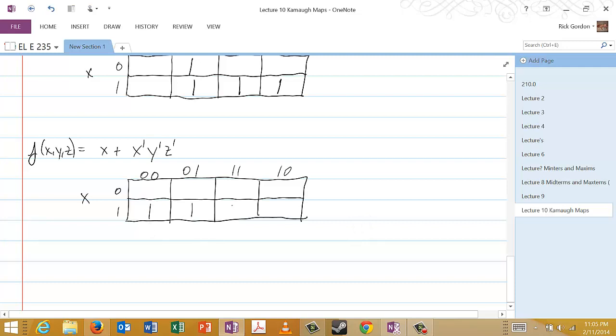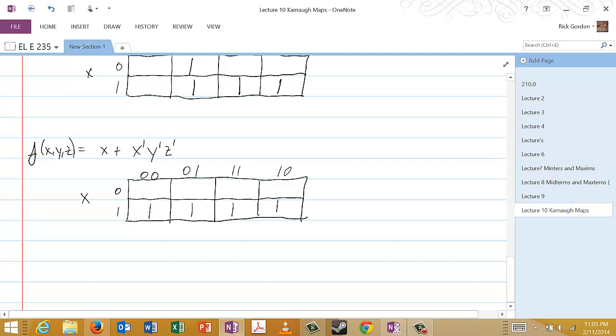So in this entire second row, j is 1. And notice, sure enough, that gives us the 4 cells corresponding to the 4 minterms we would get if we ANDed x with y or y prime, and also with z or z prime. So these are the 4 cells that we would get. And I encourage you, if you have any doubt about that, to check it out.